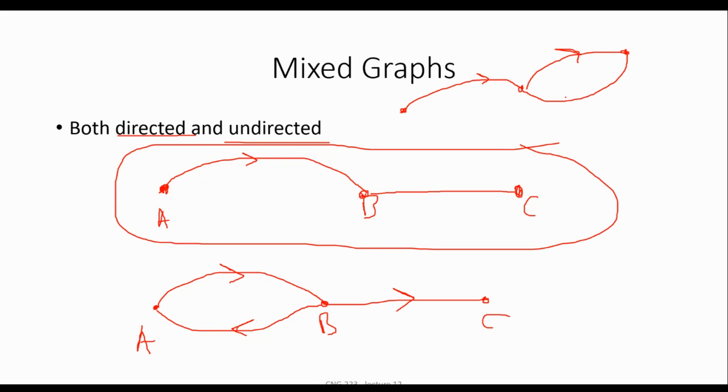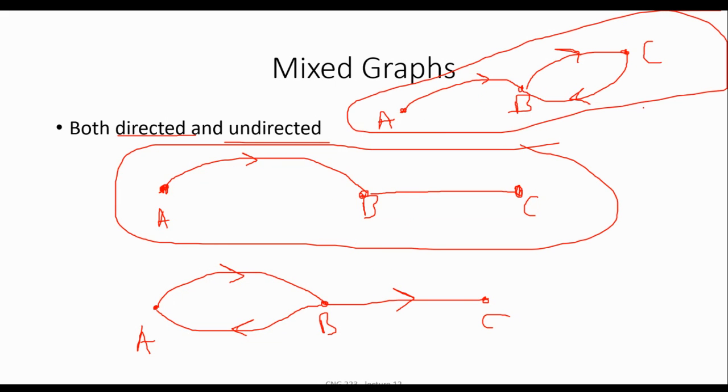Like, you have again A, B, C. So you can go to B from A, and B and C are connected. You can go from B to C and vice versa. So these two, as I said, based on the way I define them, could have the same meaning.